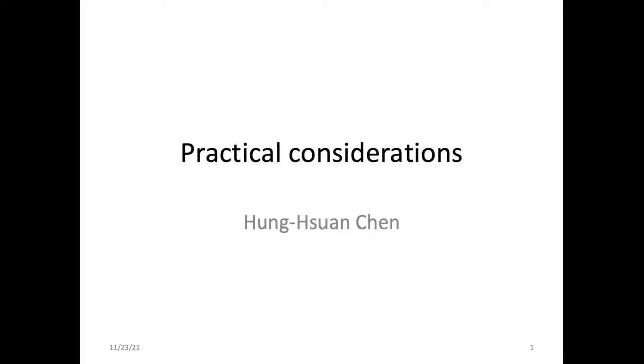We haven't talked about deep learning algorithms, which I will talk about maybe in the last month. But before I discuss the deep learning algorithms, I want to talk about some practical concerns when using machine learning models.